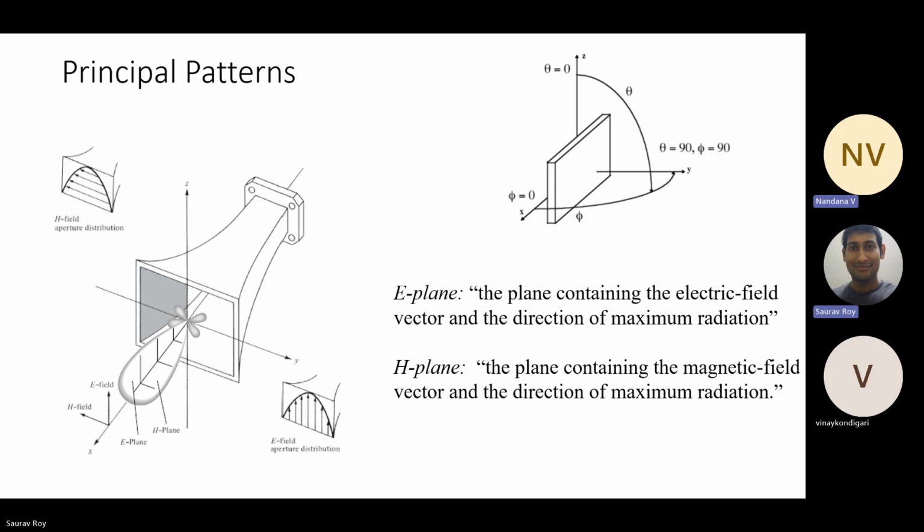The definition says the plane should have two directions: the direction of the electric field vector and the direction of maximum radiation. The electric field vector is in the Z direction and the other is the X direction. The magnetic field should be in the Y direction, and X is the direction, so XY should be the H plane. Is it clear? Yes, sir.